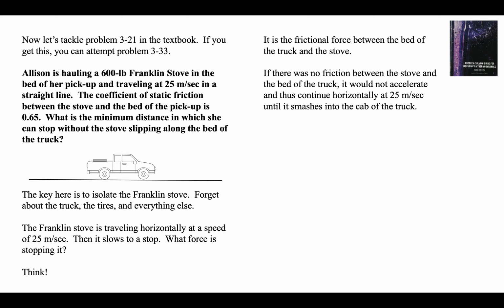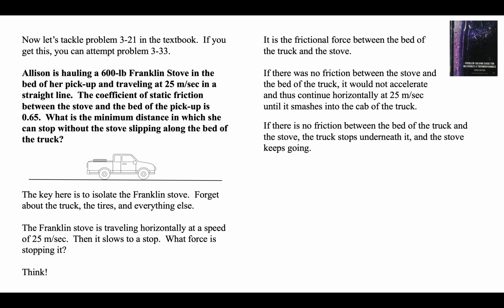If there was no friction between the stove and the bed of the truck, if there was ice back there, for example, it would not accelerate. And it would continue horizontally at 25 meters per second. That's not accelerating. It continues in a straight line at constant speed. And then it smashes into the cab of the truck. Effectively, the truck is stopping underneath the stove.